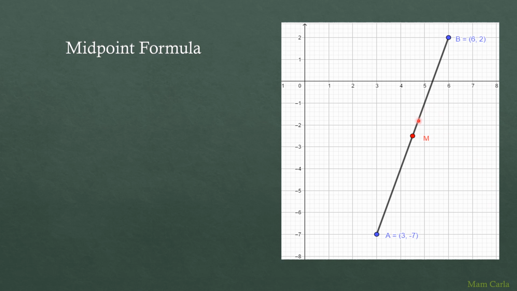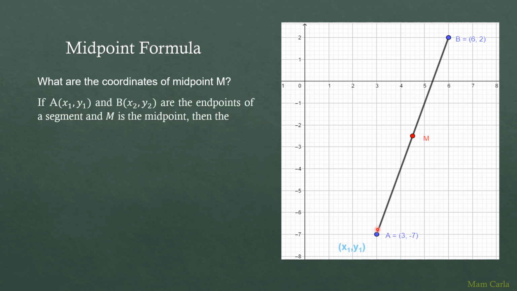For our next objective, we find the coordinates of the midpoint of this line segment. Let us find the coordinates of the midpoint M. We assign point A the coordinates x sub 1, y sub 1, and B the coordinates x sub 2, y sub 2, knowing that these are the endpoints of line segment AB, and point M is the midpoint.